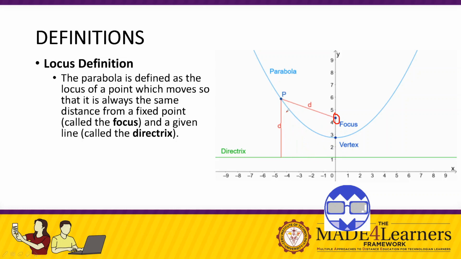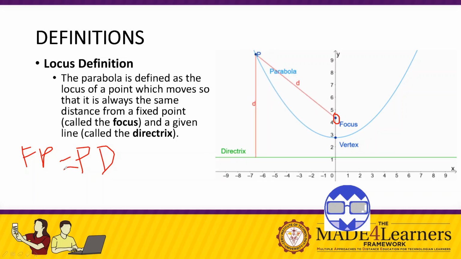Let's name the distance FP, from our focus F to our P, and the distance from our P to our directrix, at the moving point D here. If they are equal, we form a parabola.